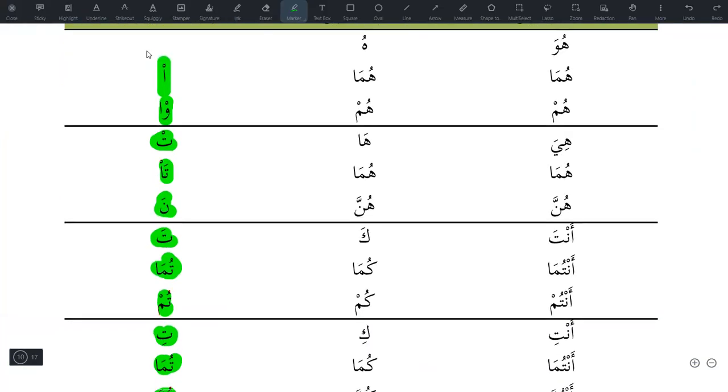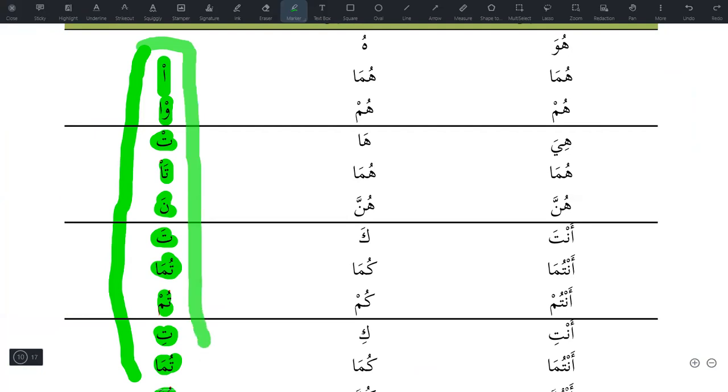If you can memorize this one, you can have a strong hold on the past tense. And these suffixes we use only in the past tense, not in the present tense. For present tense, there are the huruf al-mudari, particles, future. So they are different, and they are few, not so many like this.